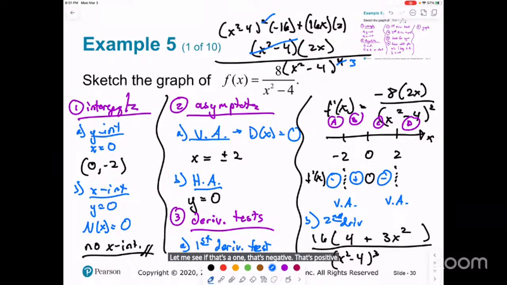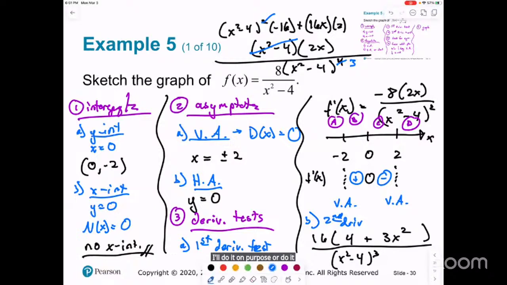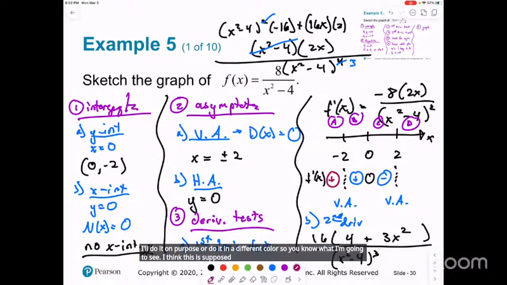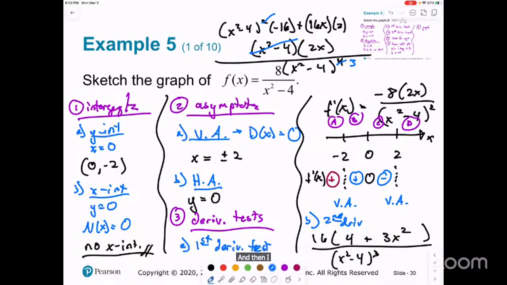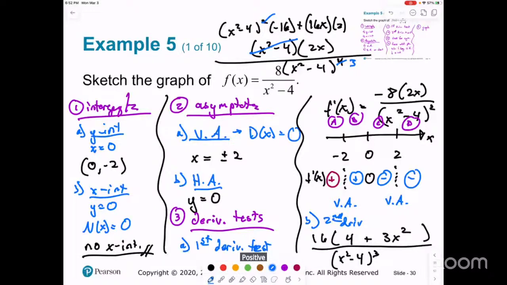That's negative. If that's a 3, let me check over here. I think something's off. Double negative, that's positive. So this is positive. So I think that first one was off right here. I'll do it in a different color so you know the mistake. I think this is supposed to be a positive there. And then I think this is a negative here, right? If we do 3, that's negative on top, positive on bottom. So that's ultimately negative, right?